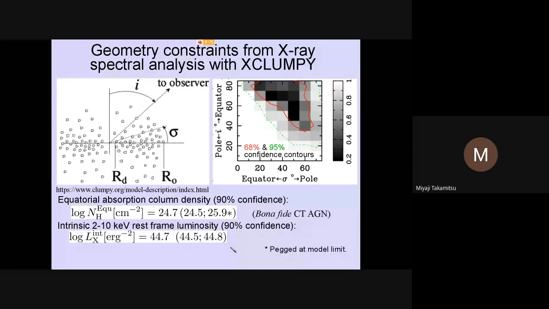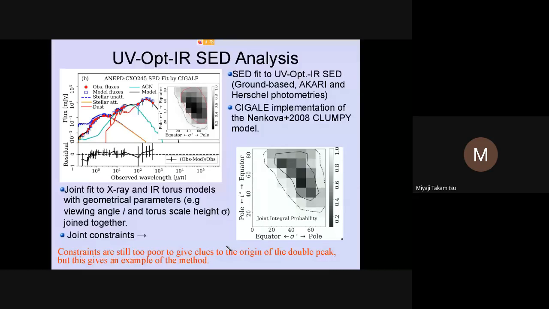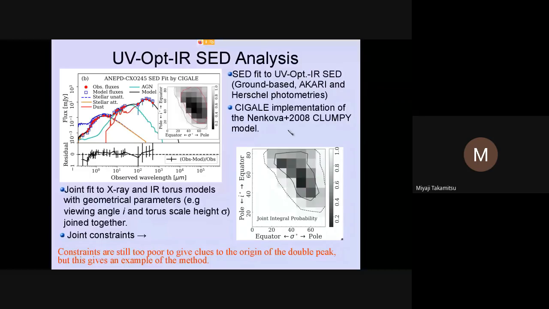Now, we collected the entire suite of photometry for this object using the Akari NEP data, and with all other components we applied the Nenkova 2008 CLUMPY model as a CIGALE module. This is the kind of constraint we get.